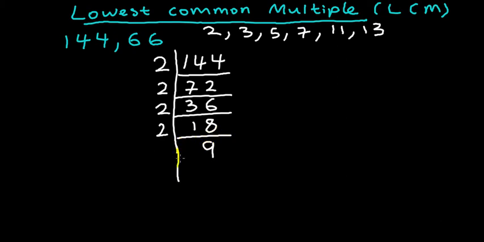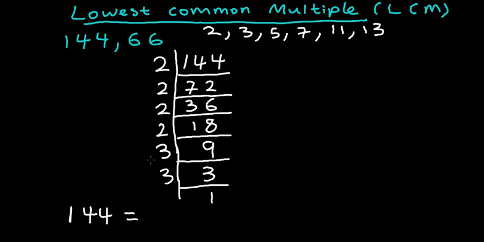Okay, as you can see, this time around, if we divide 9 by 2, we will have a remainder. So you move to the next prime number, which is 3. 3 can divide 9 without a remainder, which is 3. Okay, and 3 can divide 3 by itself, which gives us 1. So the prime factorization for 144 is, we have 1, 2, 3, 4.